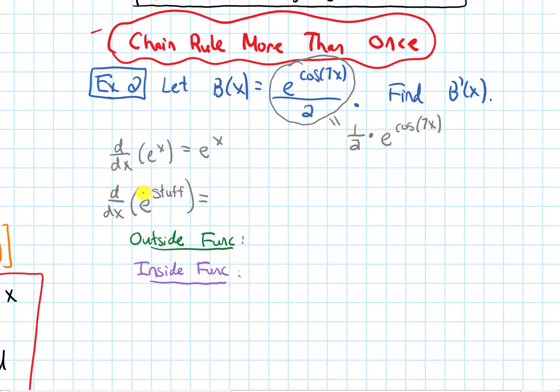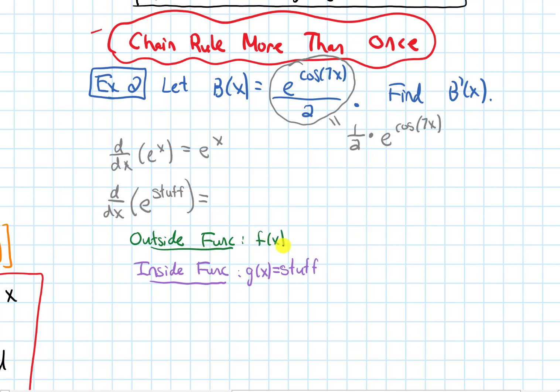So when I have an exponential, I plug in stuff into the exponent. So in this case, it's the stuff that's getting plugged in. So the inside function is this stuff. So maybe let me write g of x is the inside function, and it's the stuff. And what it's getting plugged into is e to the x.